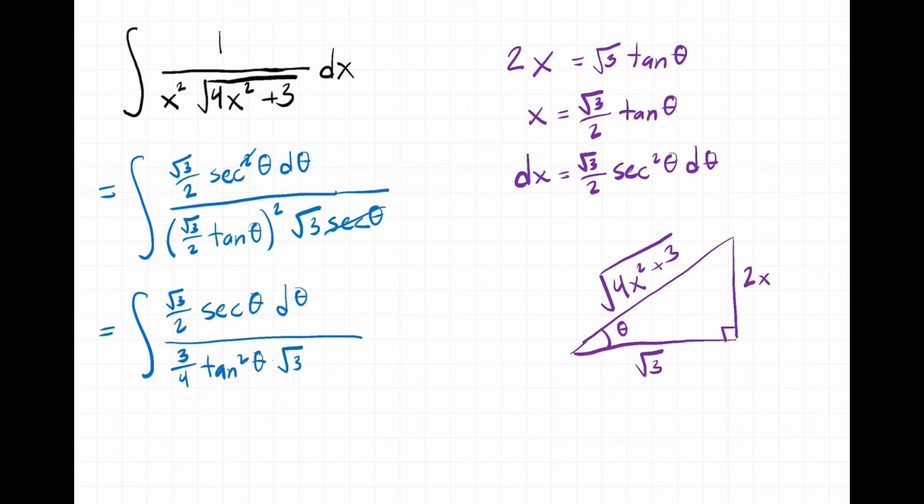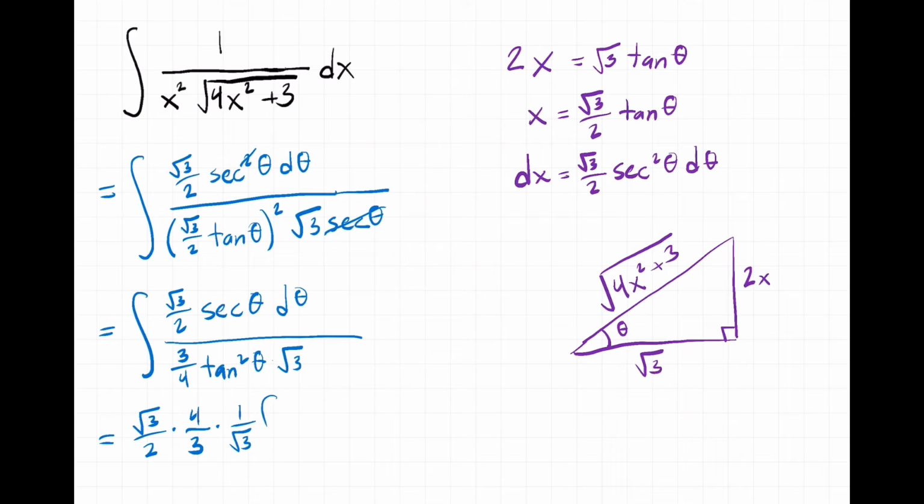Now's a good time to try and sort of pull out all of our constants, our coefficients here. So we are multiplying by root 3 over 2. We're also dividing by 3/4, but that's the same thing as multiplying by 4/3. Let's have that. We're also dividing by root 3, so let's multiply by 1 over root 3.